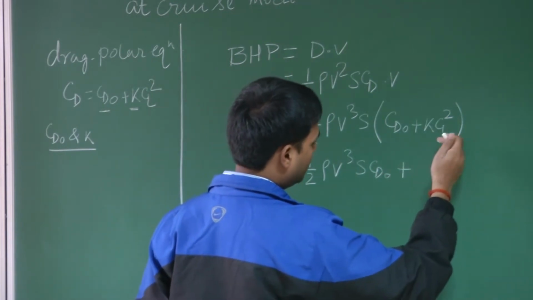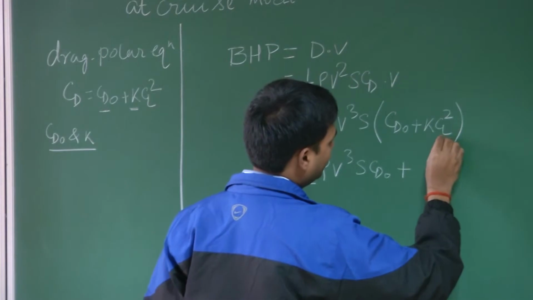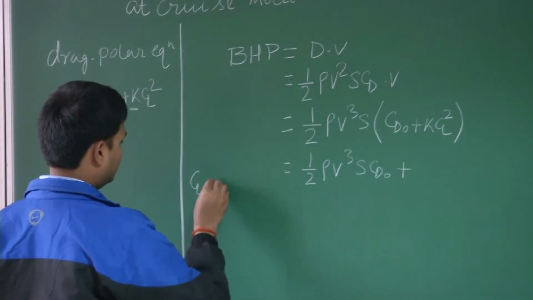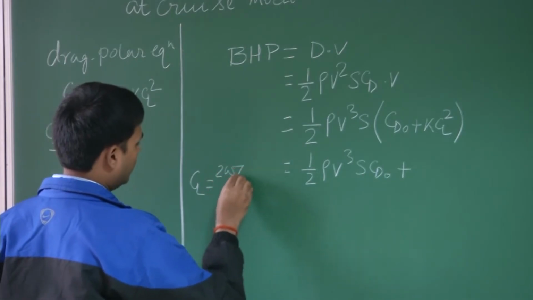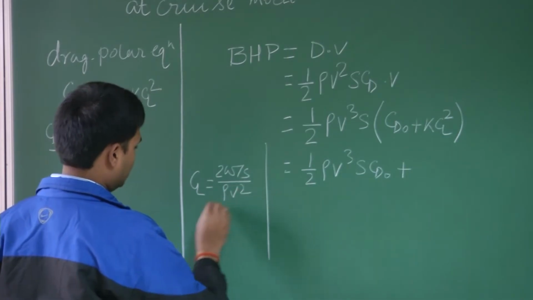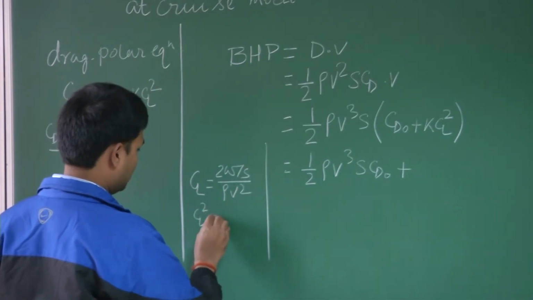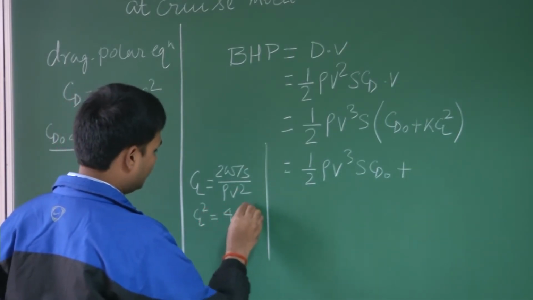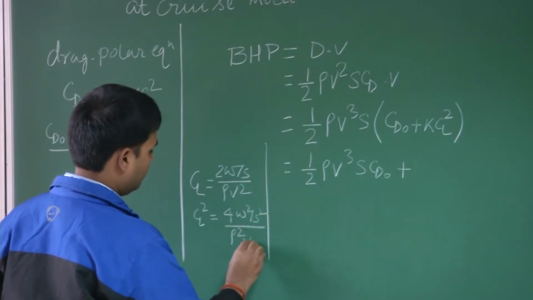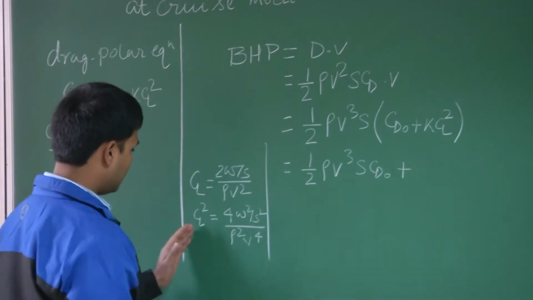and I want to write CL in terms of velocity, right? So what should I do? So you know CL equals twice the wing loading divided by rho V square. So CL square is essentially 4 W square by S square rho square V to the power 4. So we have to plug this value here, right?